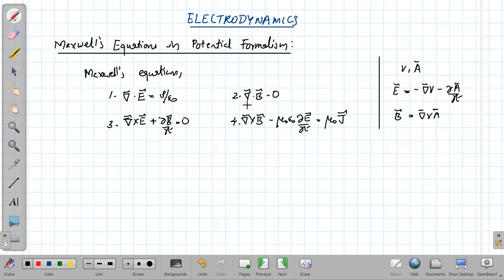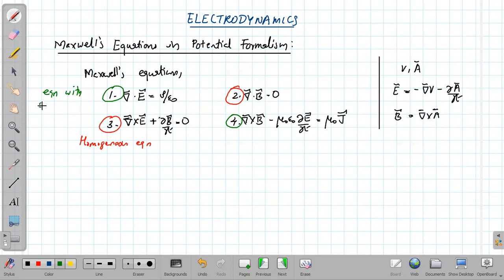So there is no need to substitute the expressions for the electric and magnetic fields in the homogeneous equations, 2 and 3. Whereas equations number 1 and 4 are the equations with source terms.